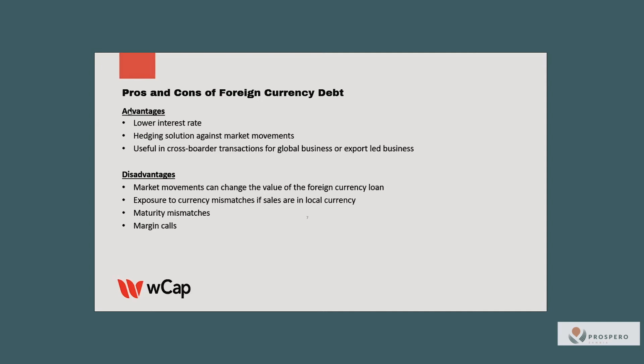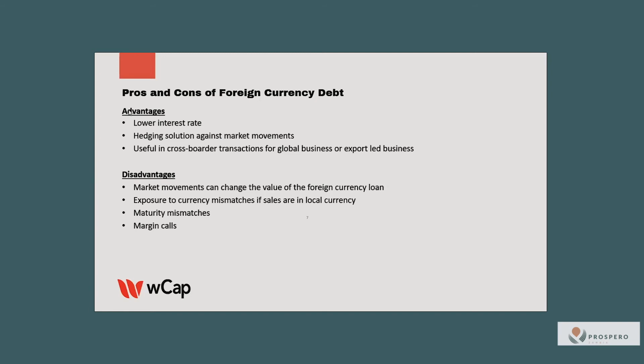The disadvantage or downside to foreign currency borrowing is that your business is subjected to movements in market fundamentals. If there's a change in interest rates, it might result in changes in the exchange rate and the value of the foreign currency loan. A foreign currency loan can also expose the business to currency mismatches if sales are in a local currency. It also leads to maturity mismatches and can give rise to possible defaults in long-term debt, especially if it is being financed by short-term sources of funds.